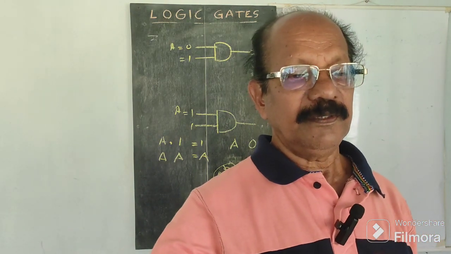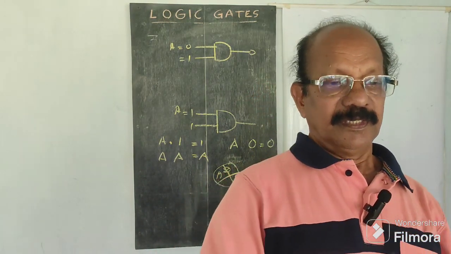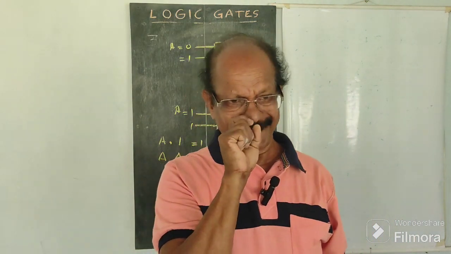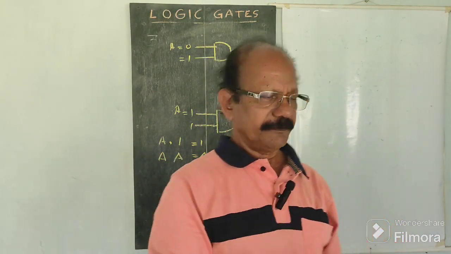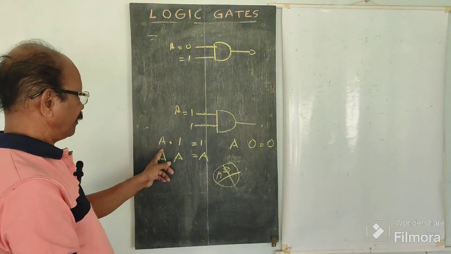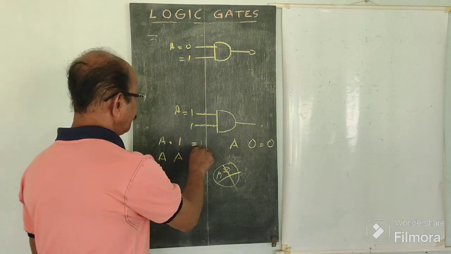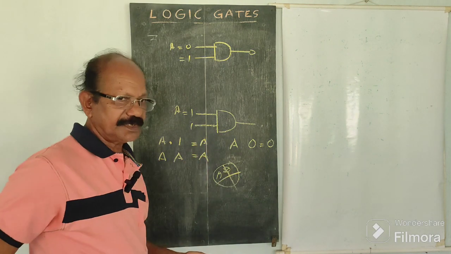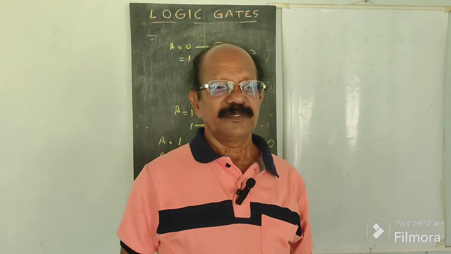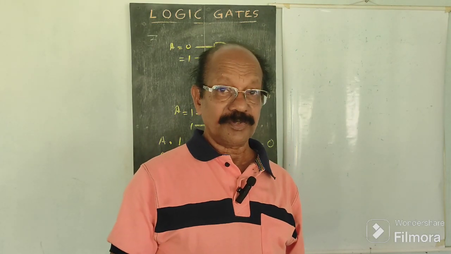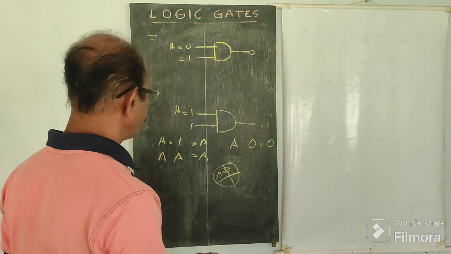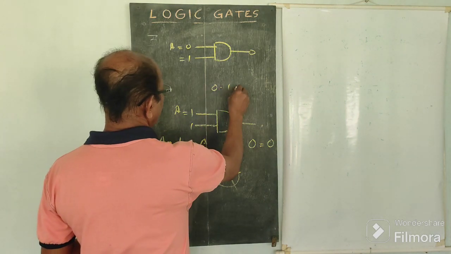Then the discussion: A dot 1 is equal to A. First discussion. Then 0 dot 1 is equal to 0.